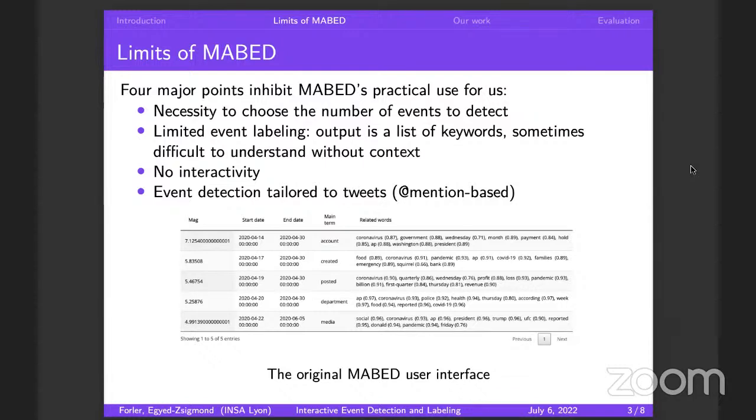Another limitation is that the original web interface was not fully interactive, so the parameters of the event detection could not be changed by the users. And finally, MABED is specialized to detect events in a set of tweets. We wanted to run it on other sources like news articles, so we had to change it.